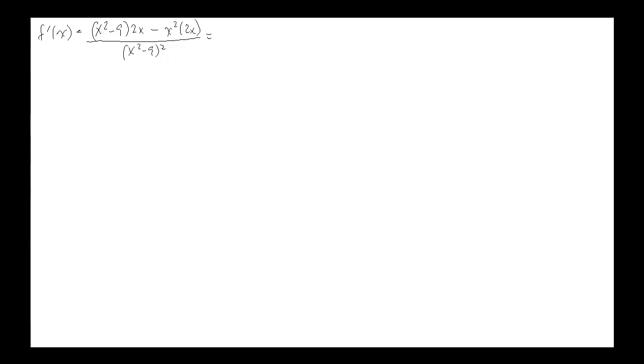Okay, so we get x squared times 2x, that's 2x cubed, minus 18x, minus 2x cubed, over x squared minus 9 quantity squared. We can cancel off the 2x cubes, and we're left with negative 18x over x squared minus 9 squared.